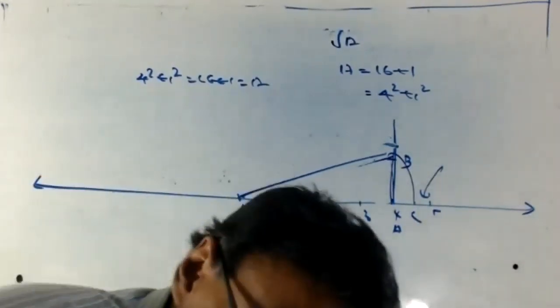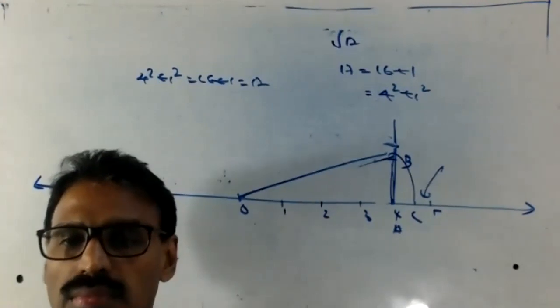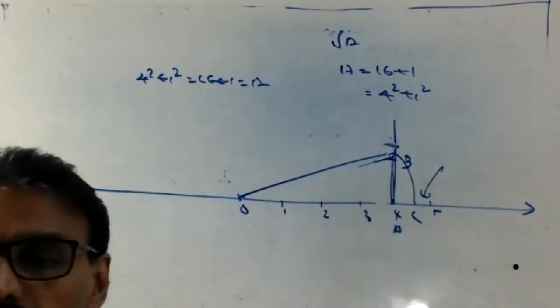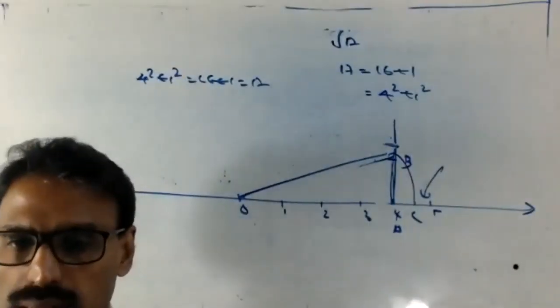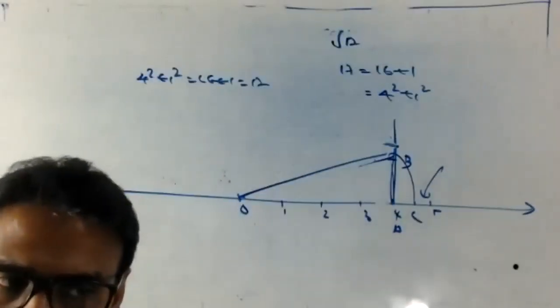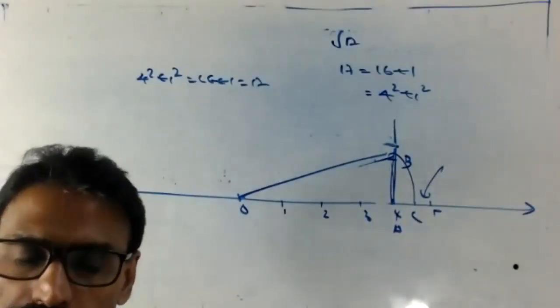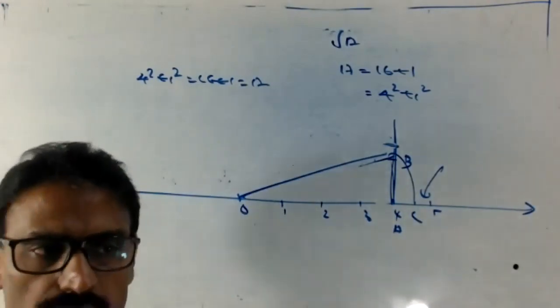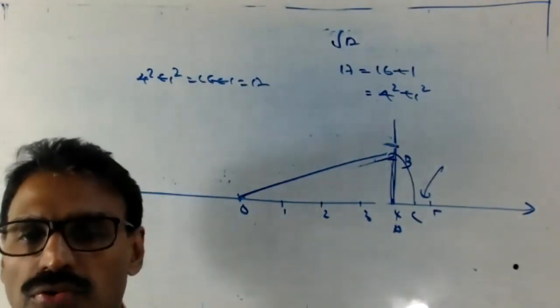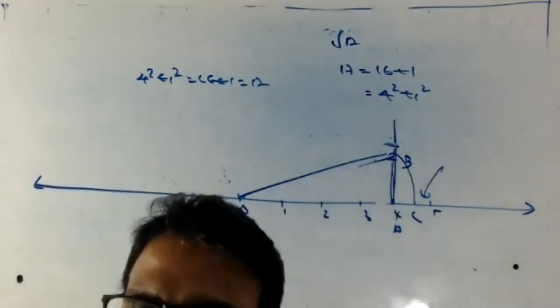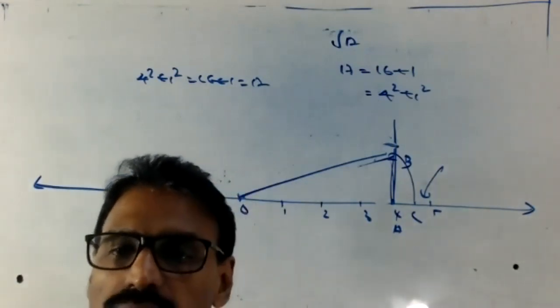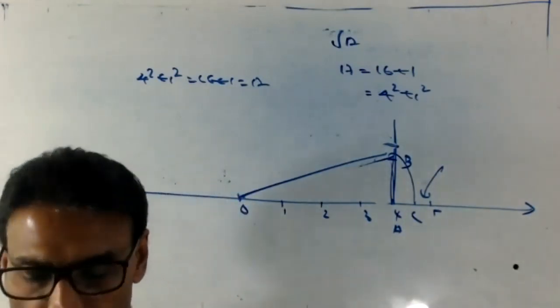Pranav, one okay is enough, no need for many okays. Similarly, 13: 4 square plus 2 square. 4 is the base, 2 is the height. So that's okay now?